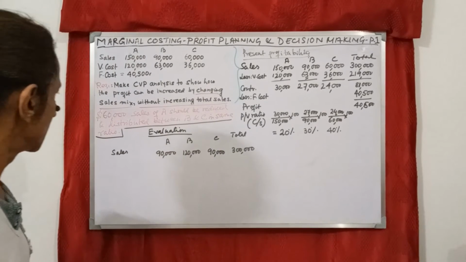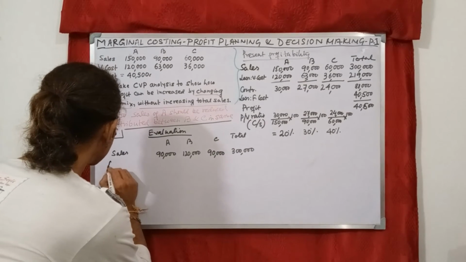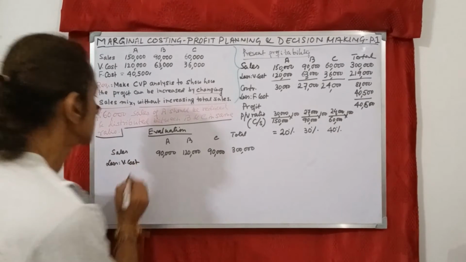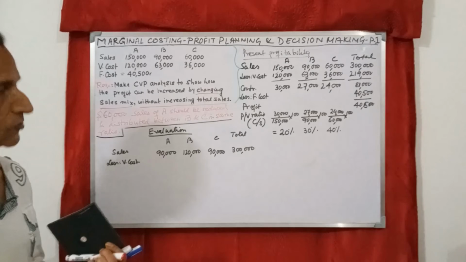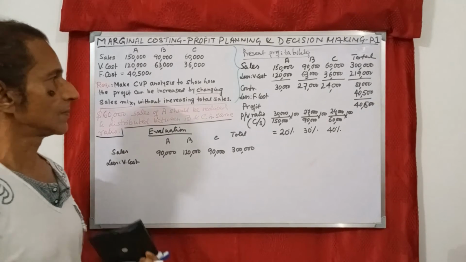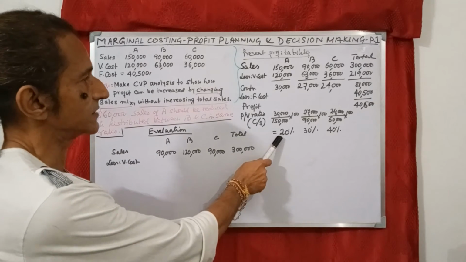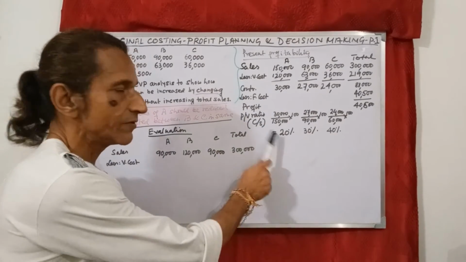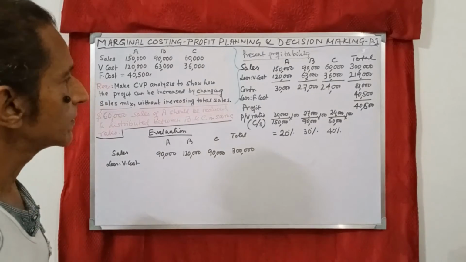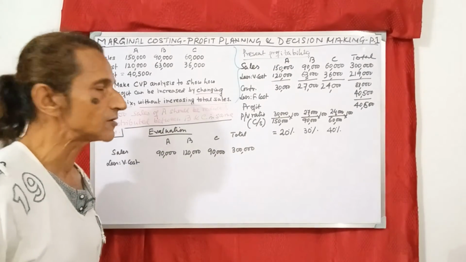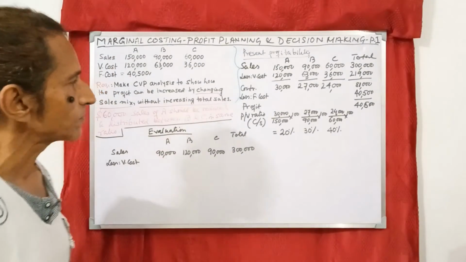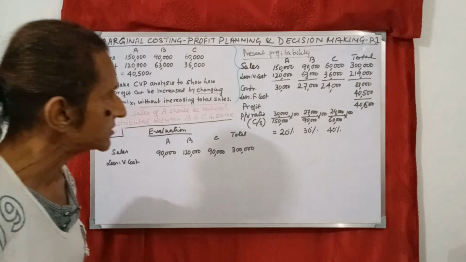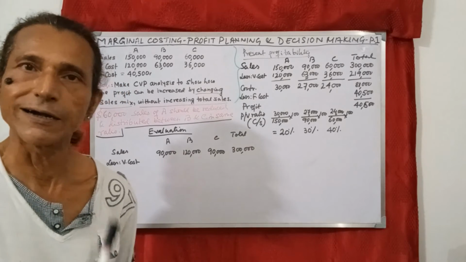Okay. Now we shall deduct variable cost. You see, PV ratio is 20% of product A. This means variable cost is 80% because we know variable cost and contribution are complementary to each other. That is, variable cost percentage plus contribution percentage is equal to 100% sales.